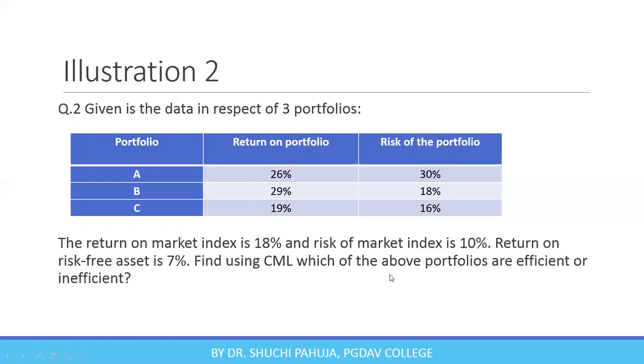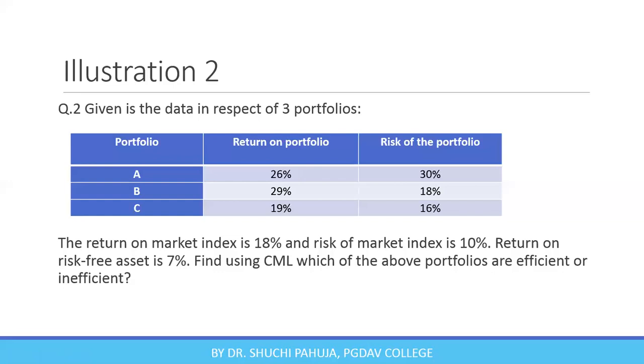Find using CML which of the above portfolios are efficient or inefficient. I have explained to you that all the efficient portfolios lie on CML. So if a portfolio is giving you return which is equal to return calculated using CML equation, the portfolio is efficient. Otherwise, the portfolio is not efficient.